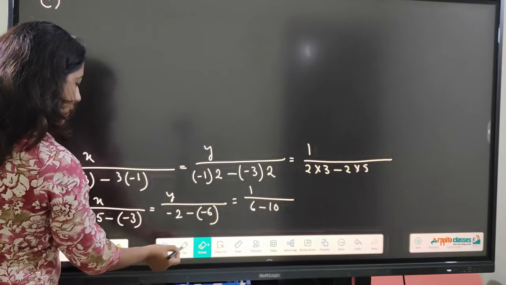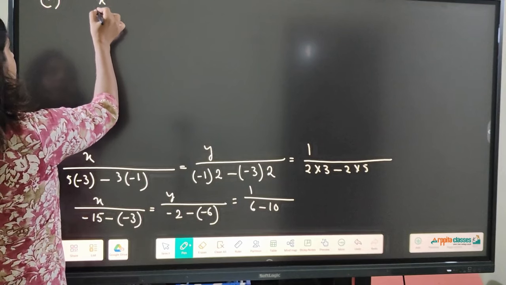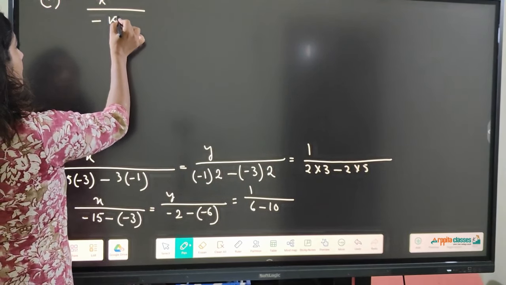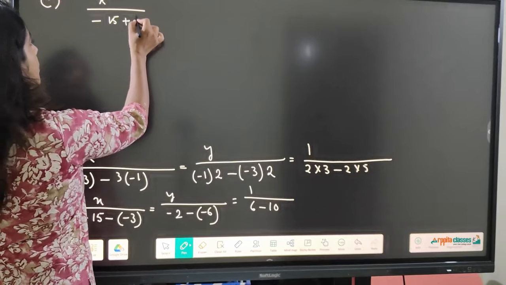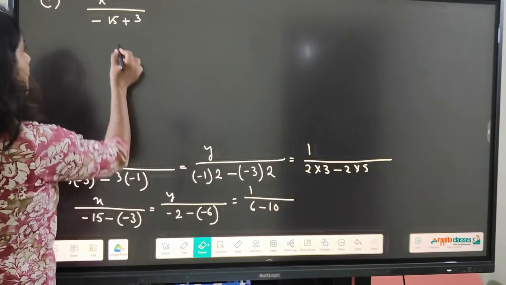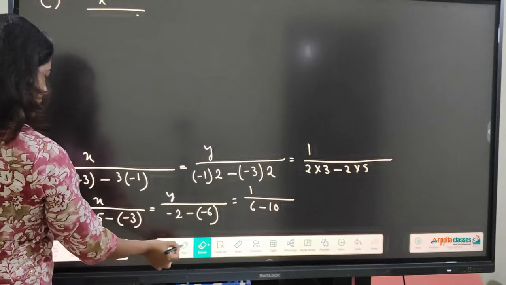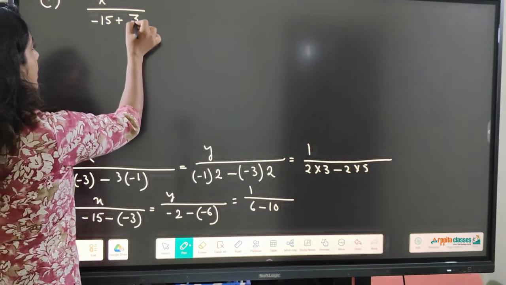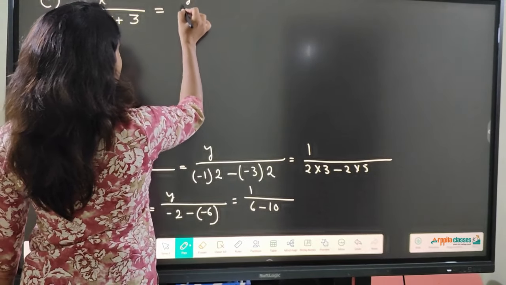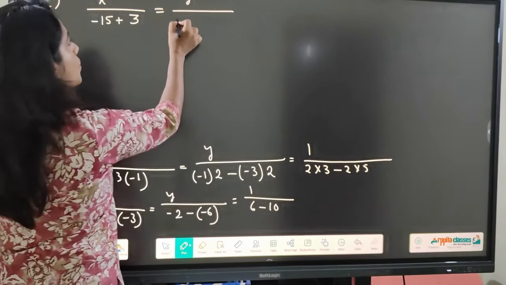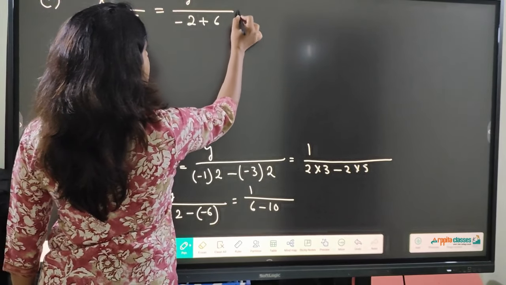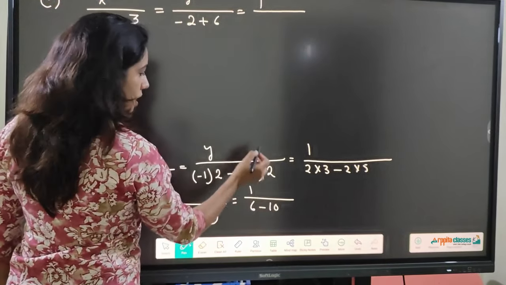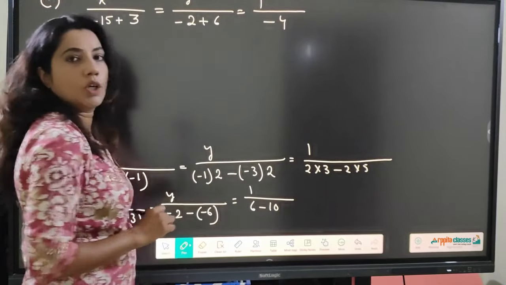Okay, so now we are getting here x upon minus 15 plus 3 is equal to y upon minus 2 plus 6 is equal to 1 upon 6 minus 10 is minus 4.